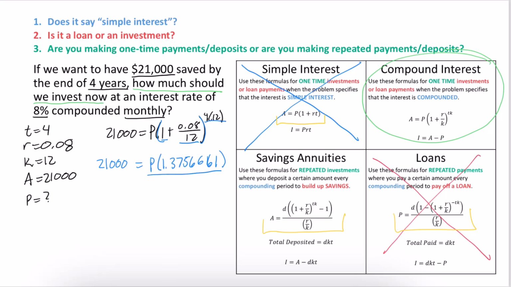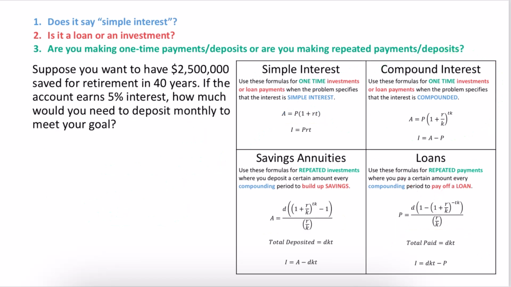Then to solve for P, you're just going to divide by that decimal on both sides. When you do that, P equals $15,265.33. So that should be the answer that you got for P, and that's how you would do that question.